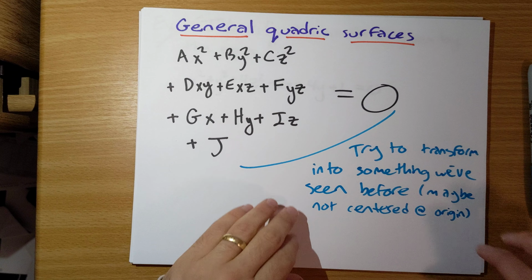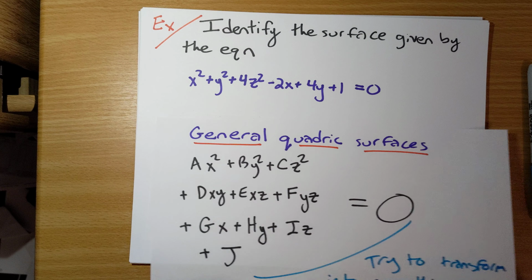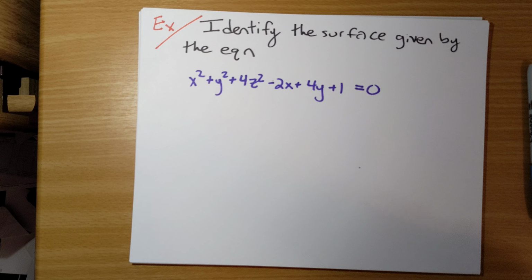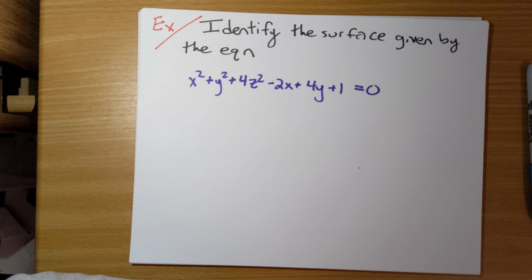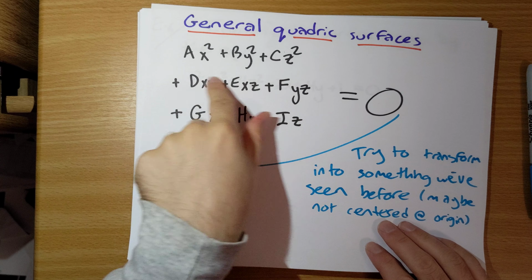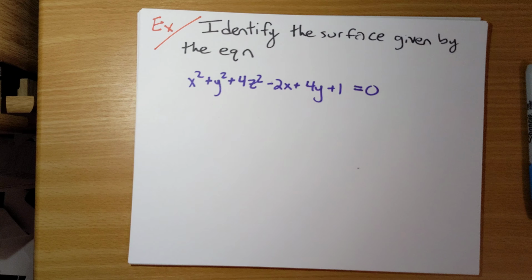Okay, so let's take a look at this example. x squared plus y squared plus 4z squared minus 2x plus 4y plus 1 is equal to 0. Identify the surface given by this equation. Again, you might look at this and say it looks overwhelming. There are 6 terms here, and that's a lot. But one particular type of term is missing: we're missing the mixed quadratic terms.